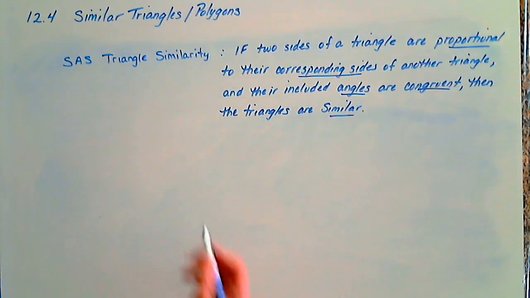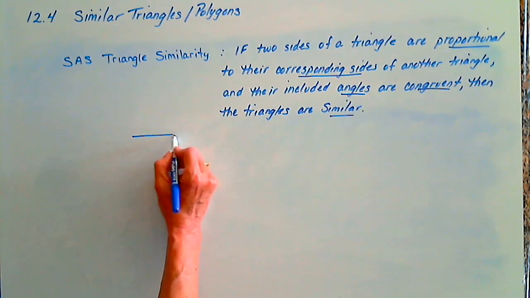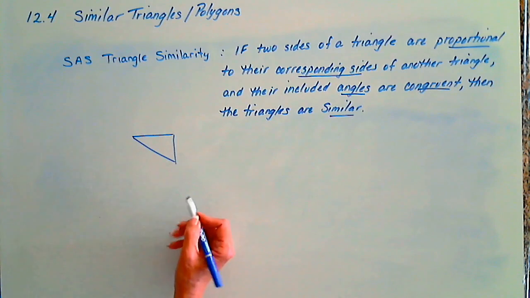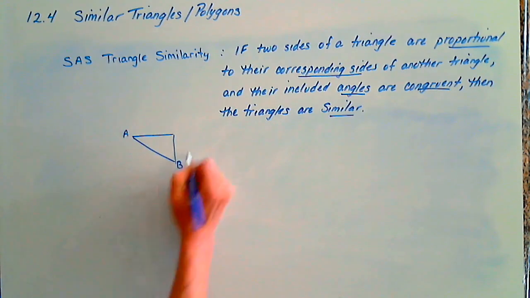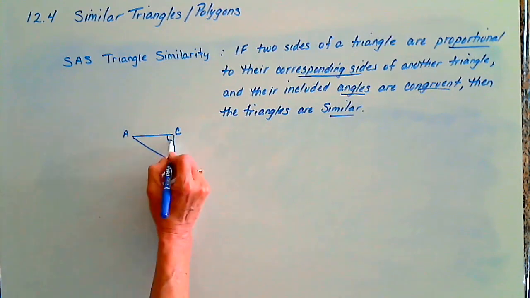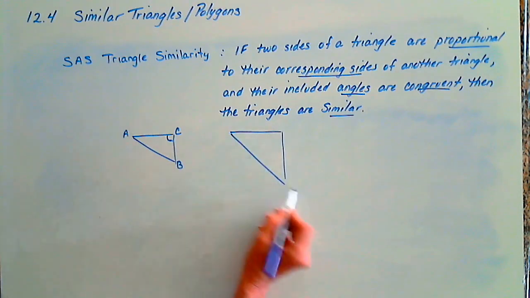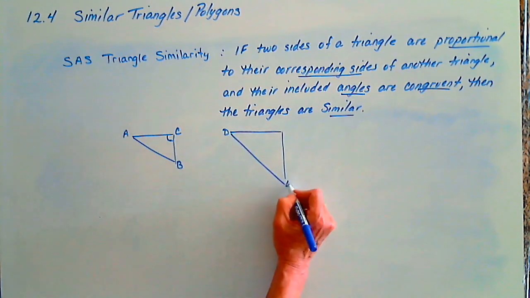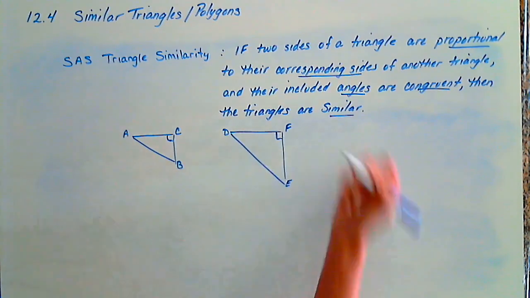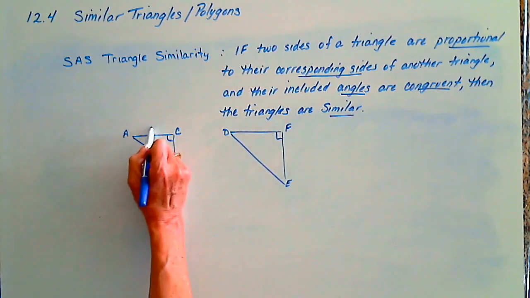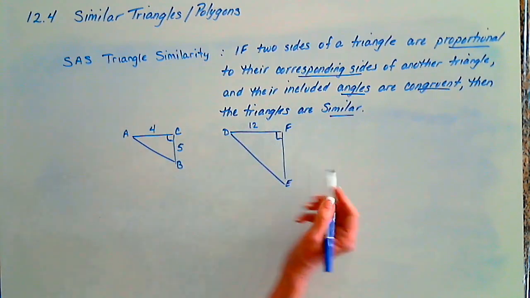So, for example, let's say I give you this right triangle, and we'll call this triangle ABC, where C is the right angle, and triangle DEF, where F is the right angle. I would like you to show that these two triangles are indeed similar.